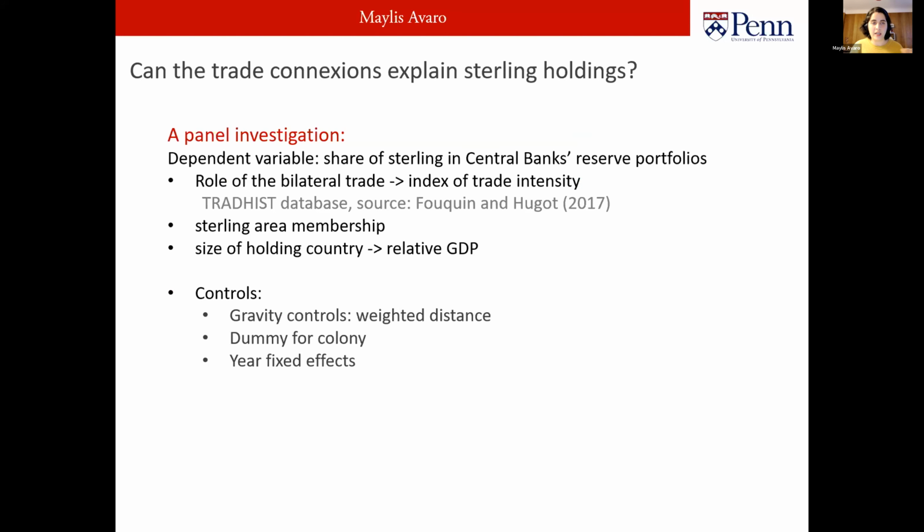I use as dependent variable the share of sterling in a central bank reserve portfolio, and I use as explanatory variable the value of bilateral trade, and I control for sterling area membership, relative GDP size, and usual gravity controls such as weighted distance, and I include year fixed effects and a control for colonies.